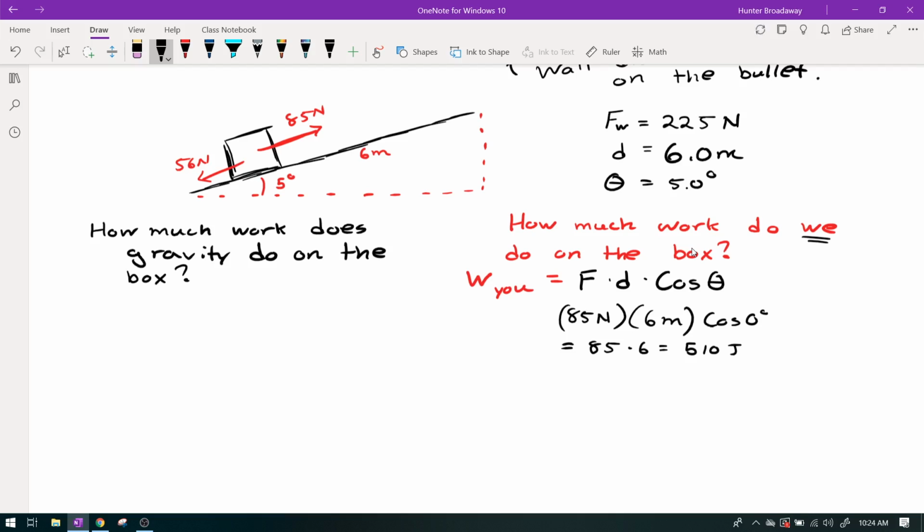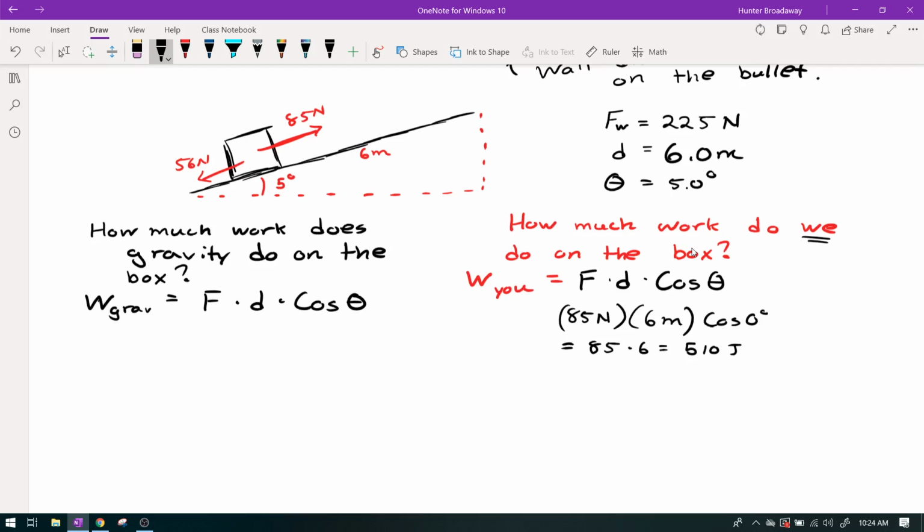Let's identify this. The work being done is force times distance times the cosine of theta. So for work of gravity, it's force times distance times cosine theta.